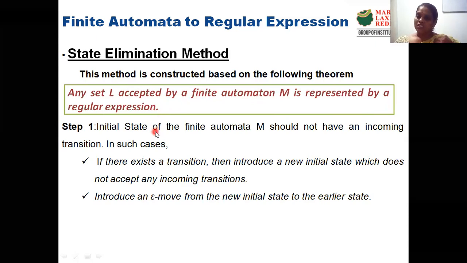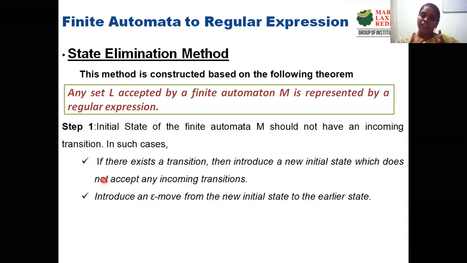Now, looking into the steps of this process. Let us call this finite automata M. The initial state of this finite automata should not have an incoming transition, that means there should not be any edge coming towards that state.